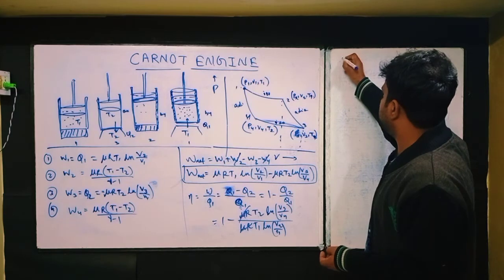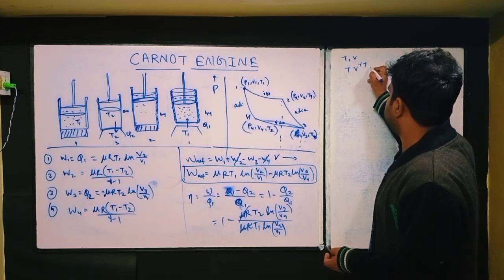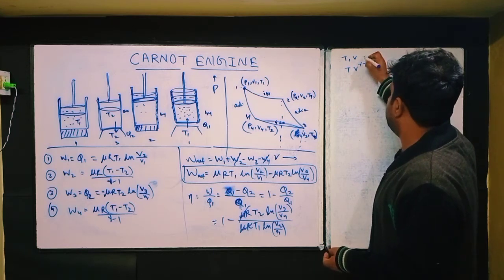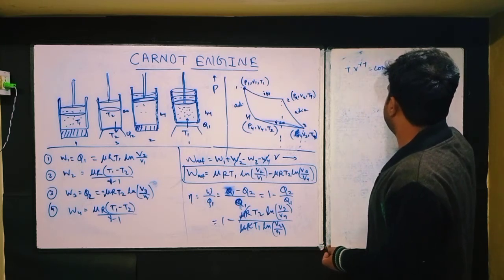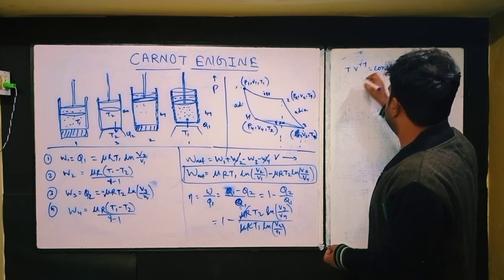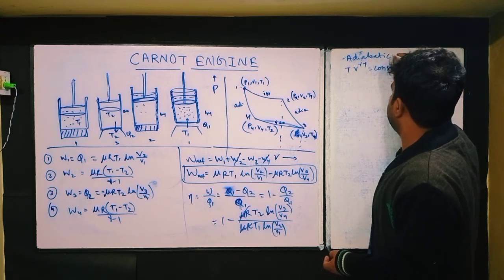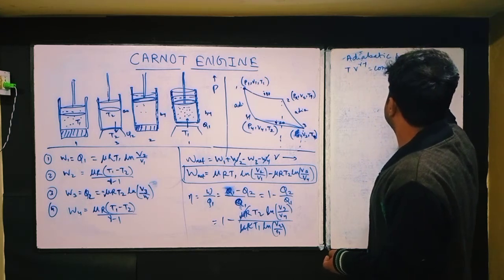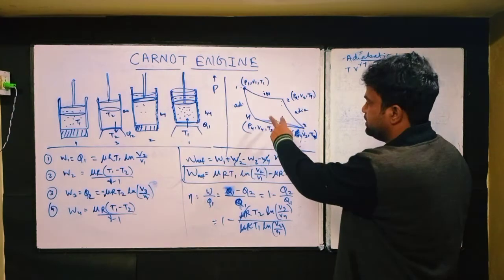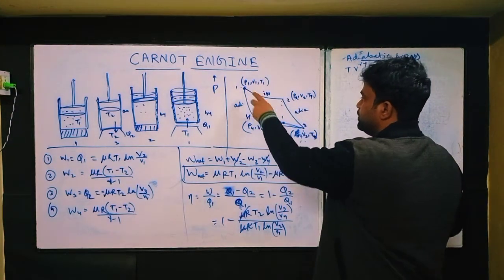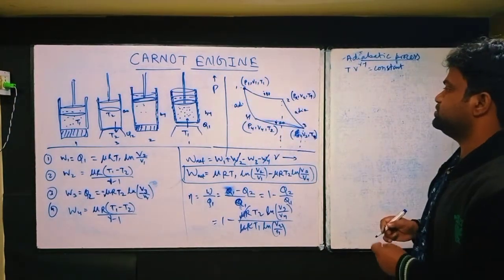If you remember, T V to the power gamma minus 1 is a constant, and this is for the adiabatic process. Now what are the adiabatic processes in the Carnot cycle? They are 2 to 3 and 4 to 1. These two are the adiabatic processes.